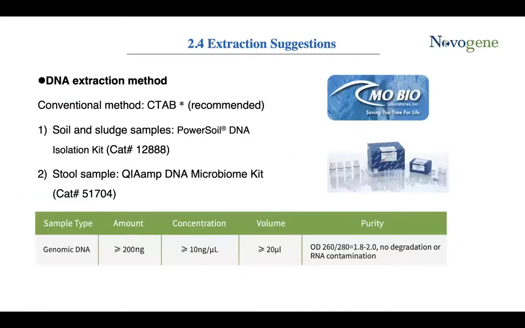After we complete sample preparation, the next step will be DNA extraction. Here we have some extraction method recommendations regarding different kinds of sample sources based on our project experiences. One of the most extensively adopted extraction methods is using CTAB solution.